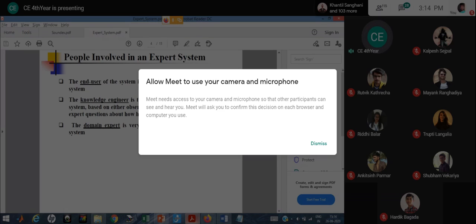The third person involved in an expert system is the domain expert. The domain expert is very important to the design of an expert system.